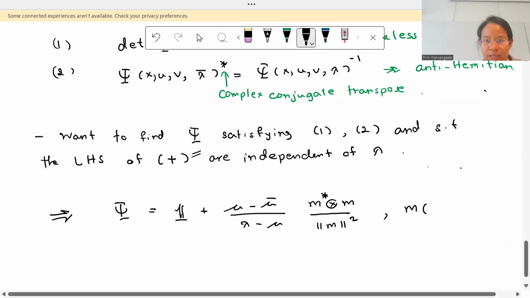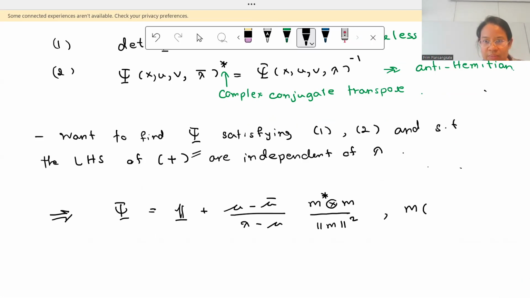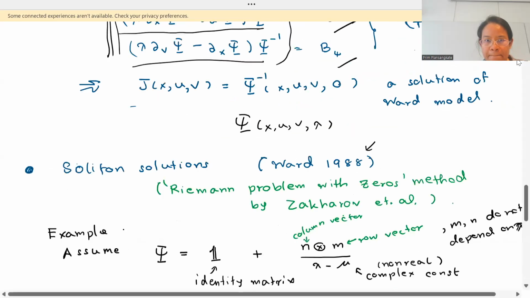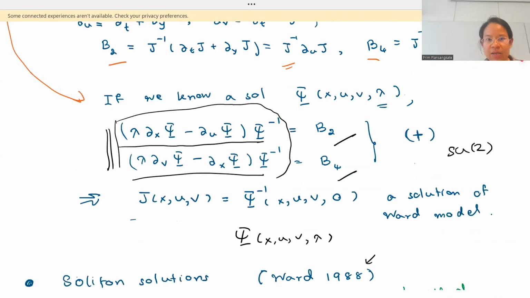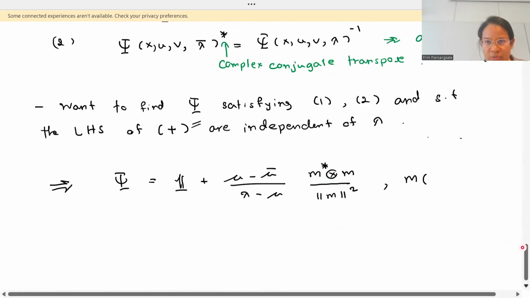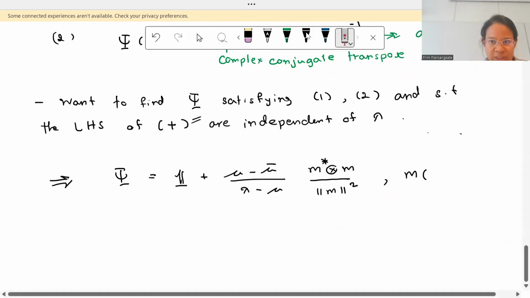When we impose the condition that the left-hand side should be independent of lambda, so that we have B2 and B4, this will give a PDE to determine the dependence of psi on x, u, and v. And it turns out that psi depends on x, u, and v through this combination.